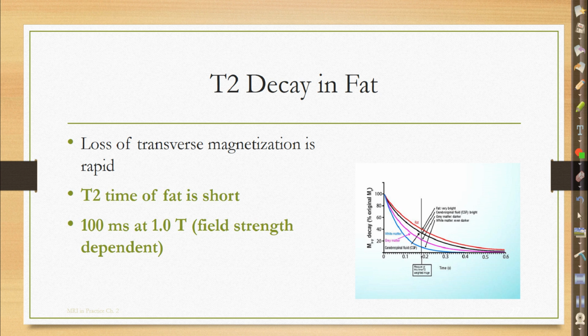So what does this mean? So T2 time of fat is short, because the loss of transverse magnetization is very rapid. So the T2 decay time for fat is 100 milliseconds at 1 Tesla. So see here.